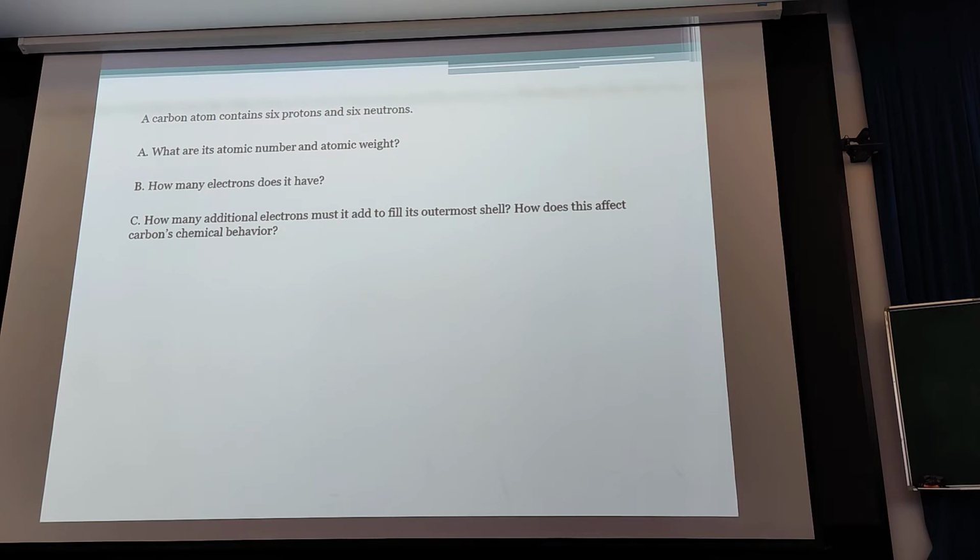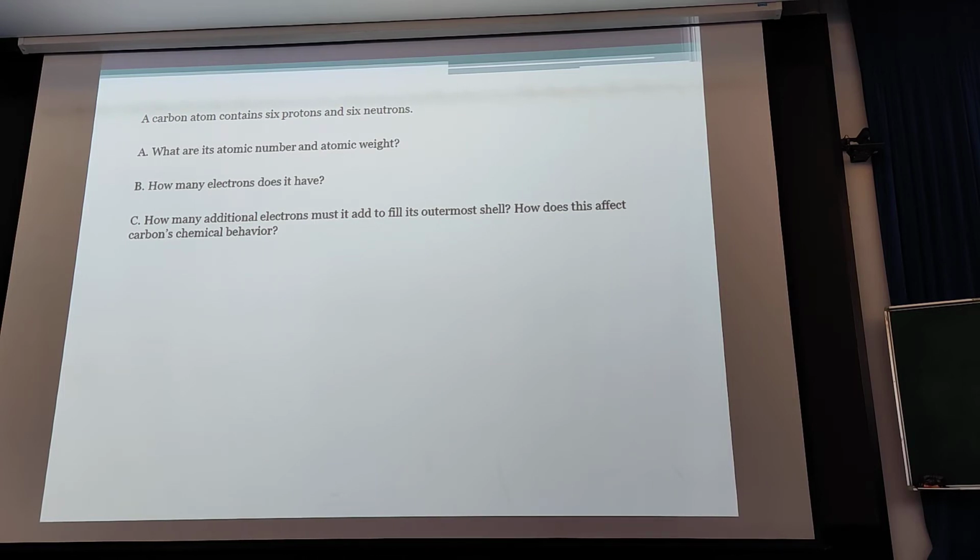So how can they get stable conditions? It needs 4 additional electrons to have a full outermost shell, so it affects the behavior: they want to share 4.